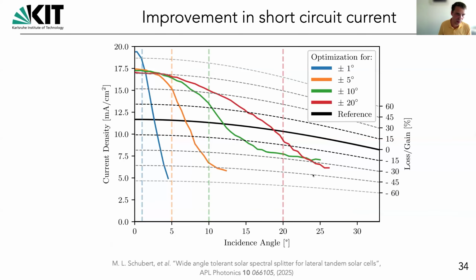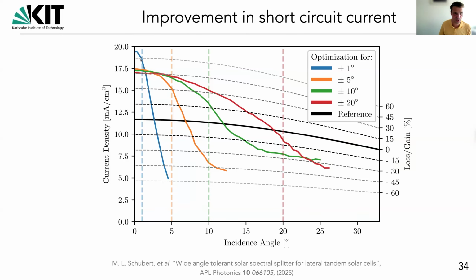This can also be quantified a little bit. We can calculate the current density that is generated in a simplified model from these two lateral tandem solar cells. There is a reference structure, which is just the current density without any light management structure. By integrating the metasurfaces, we can improve this current density by roughly a factor of 2.